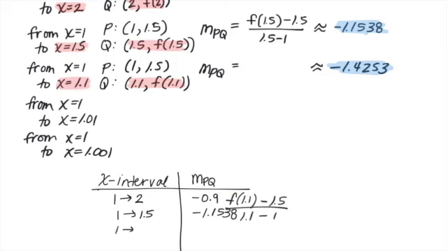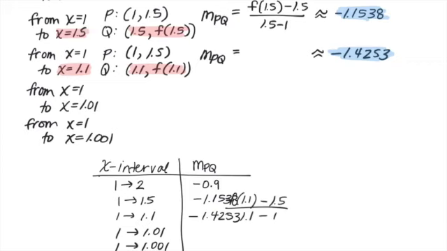So once you do all of these slope computations, we want to organize the results in a table so we can see if we are going to have a trend. So our next two that we're going to fill in will be from x equals 1 to 1.01, x equals 1 to 1.001, and I have a hunch we may even do one more, x equals 1 to 1.0001.